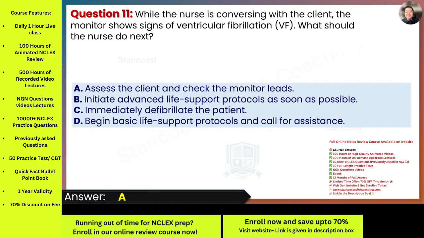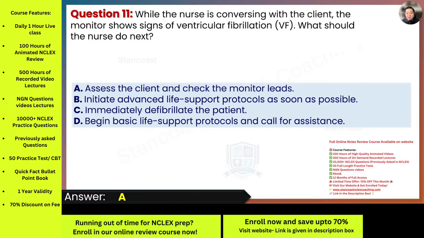And so in this case, the answer is letter A, because the client is still speaking, right? And shows signs of cardiac output, such as being conscious. So this means this might not be a true ventricular fibrillation.